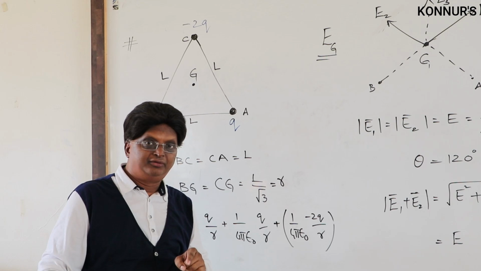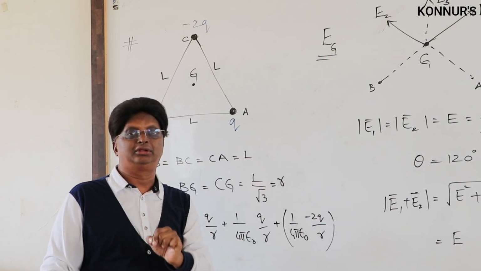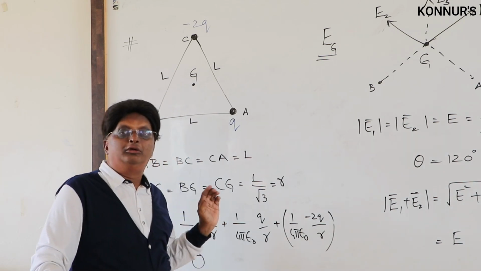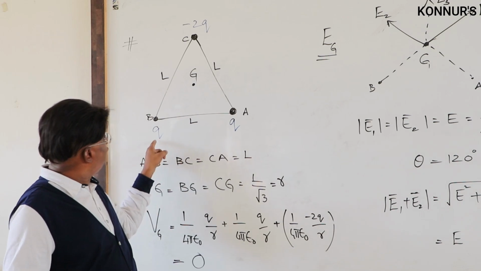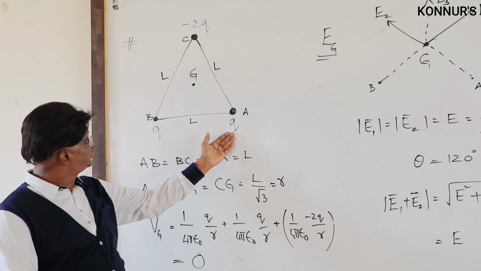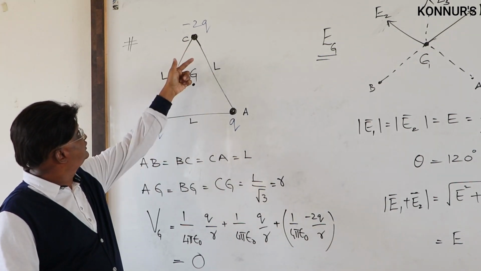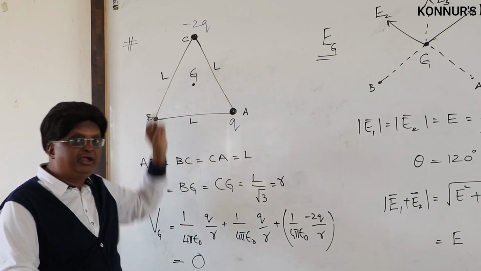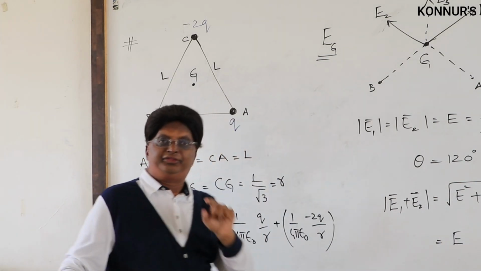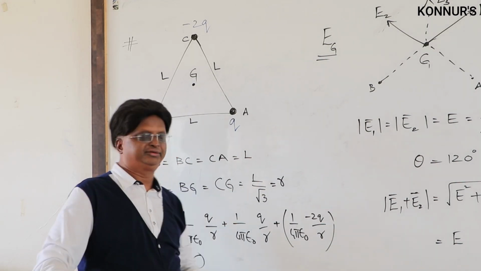Therefore in the case of any symmetric geometry, if the net potential is asked at the point of symmetry, it will always be 0 when the algebraic sum of the charges is 0. Now you calculate here Q plus Q minus 2Q, the net charge is 0, and hence the net potential at the point of symmetry is 0. This you can use for any symmetric distribution of charges.